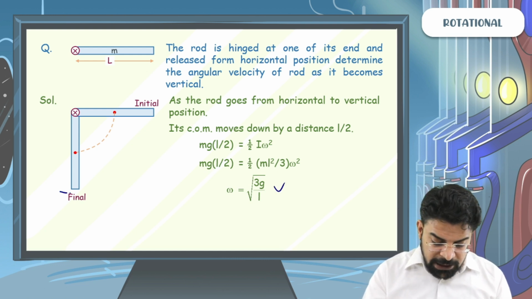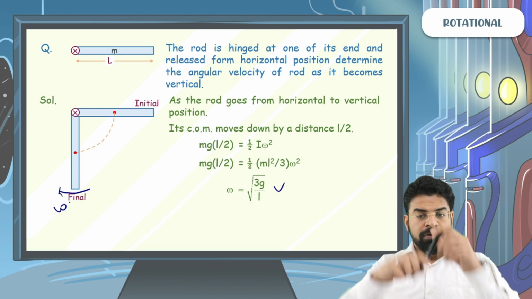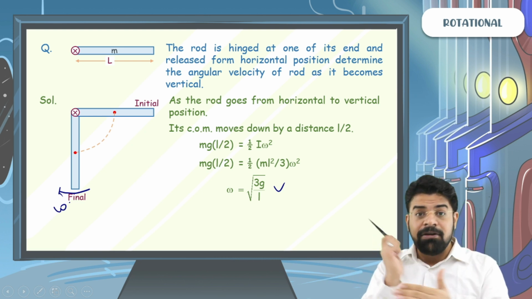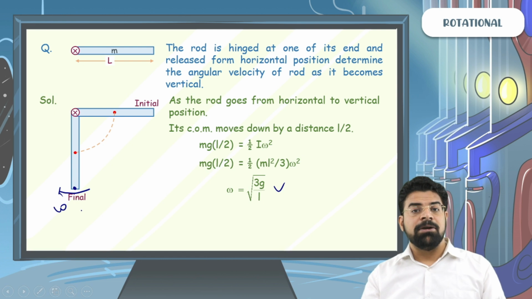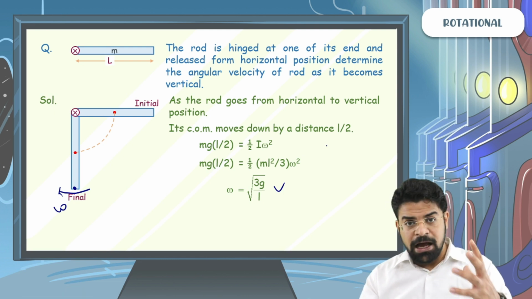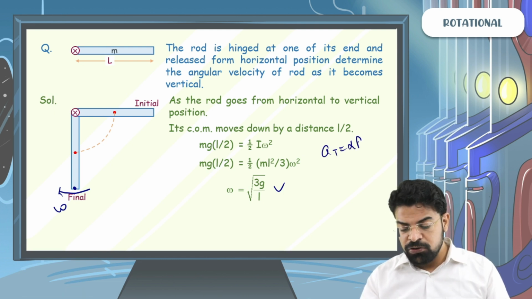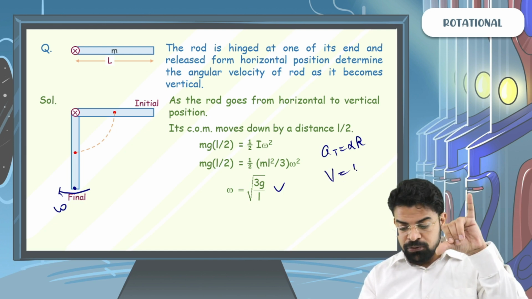Once you know the angular velocity of the rod as it becomes vertical, you can even find the speed of the terminal of the rod as it becomes vertical. Just the way I have been using tangential acceleration equals alpha r, we can now use velocity equals omega r.